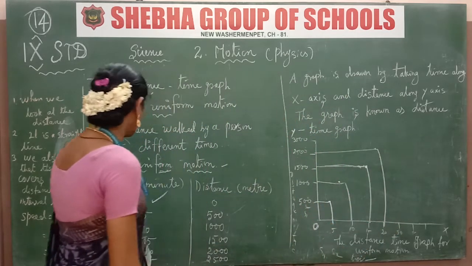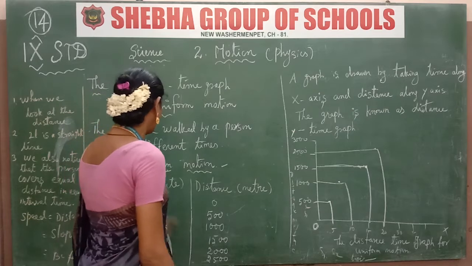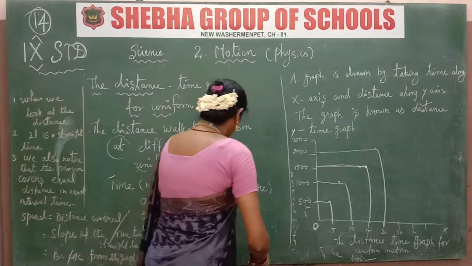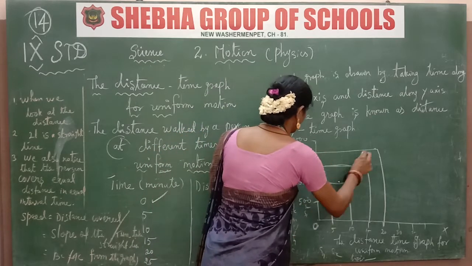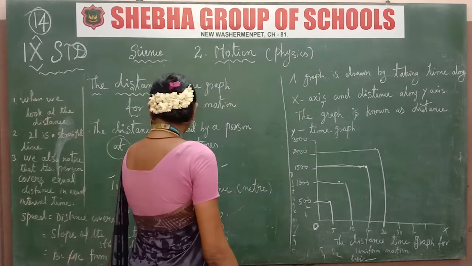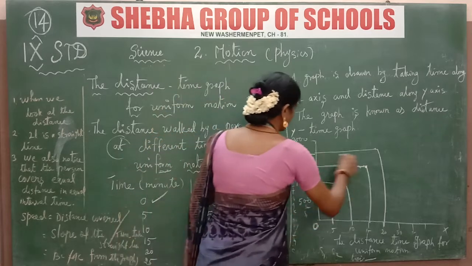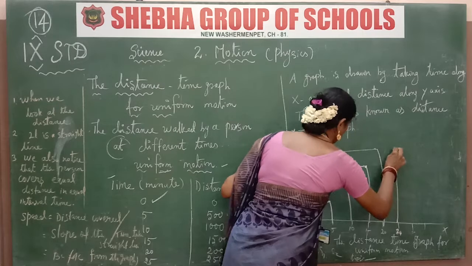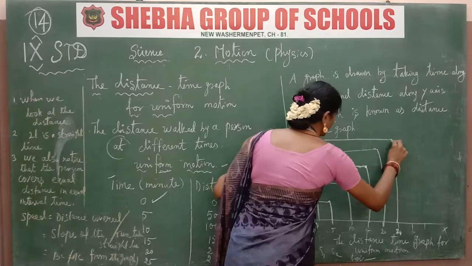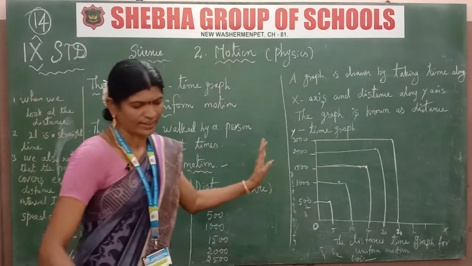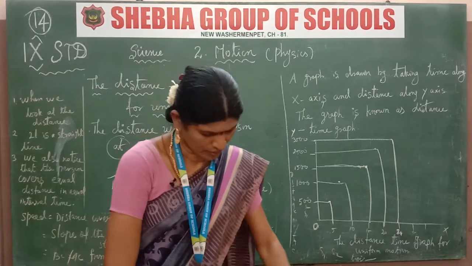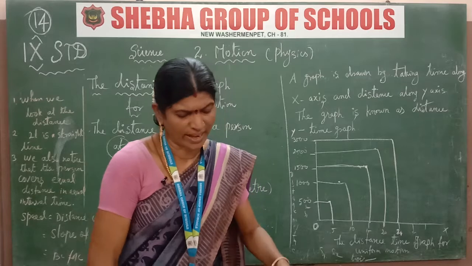Next, 25 minutes: the distance the person walked is 2500 meters. It's clear.